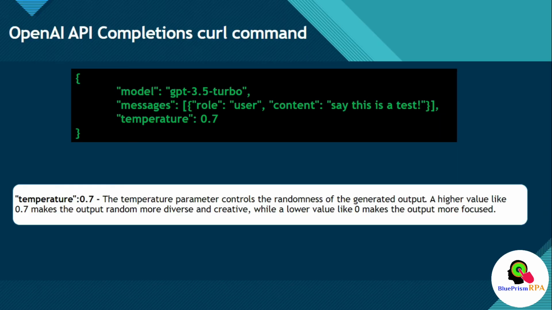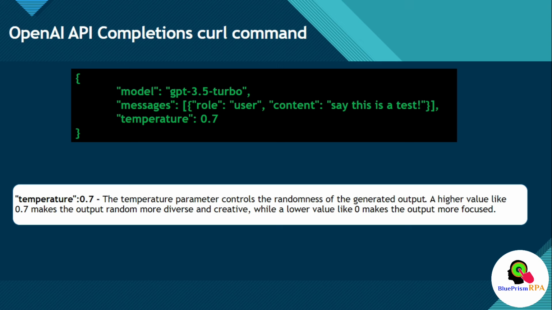So let's say you are asking the question, who was the first president of India, and you have set the temperature as 0, so you will get a clear output like, the first president of India was Dr. Rajendra Prasad. Now if you ask the same question with temperature 0.7 or 1, then it may give you some additional story.